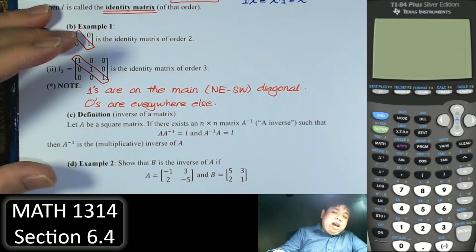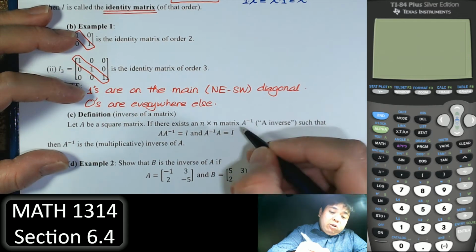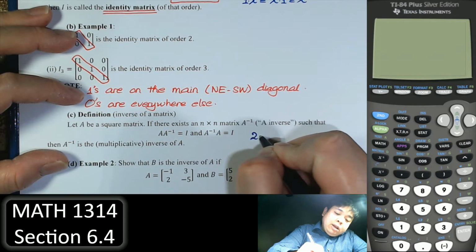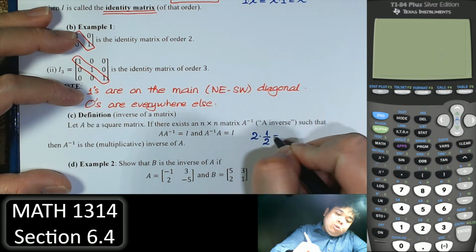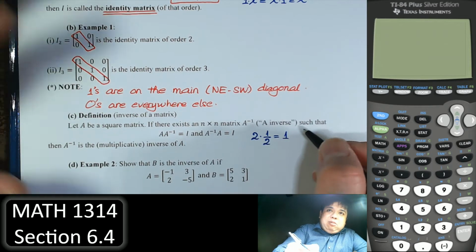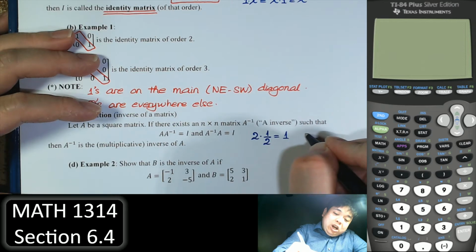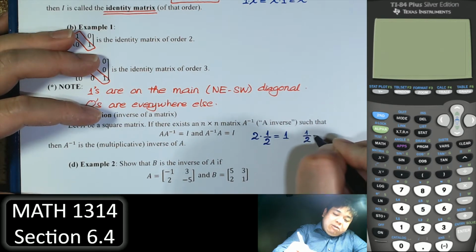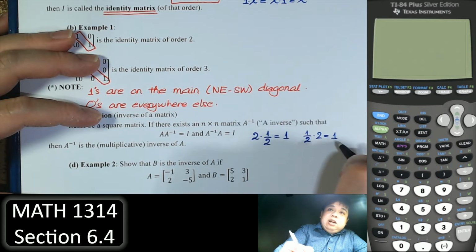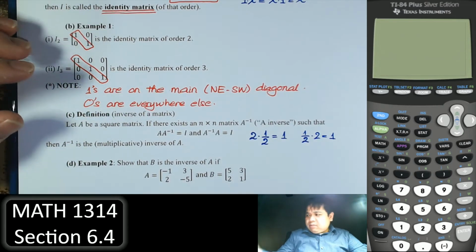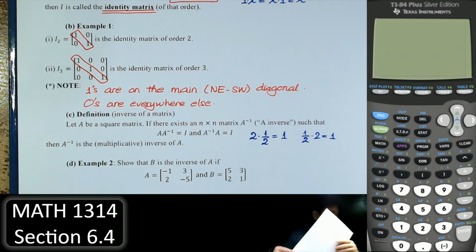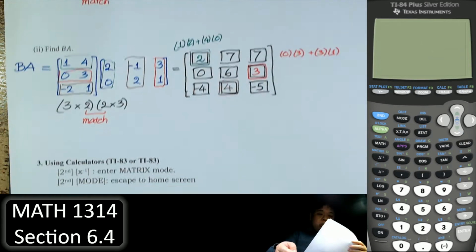Now the analog with numbers: if we have 2, then 2 times 1/2 is equal to 1. In numbers we don't have to also write 1/2 times 2 equal to 1, but in matrices we need both. Why is that? Let's go back to the last example in the previous section.